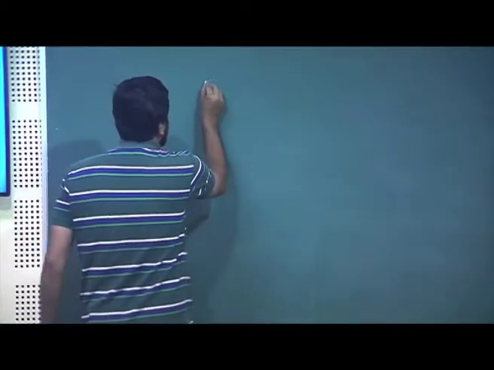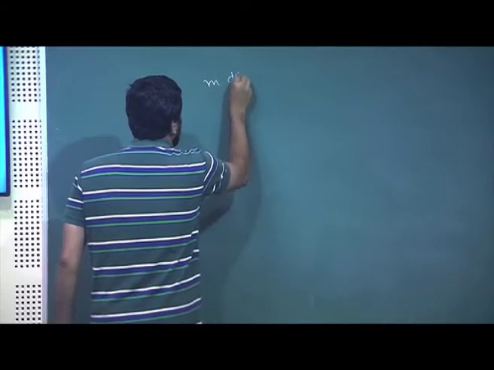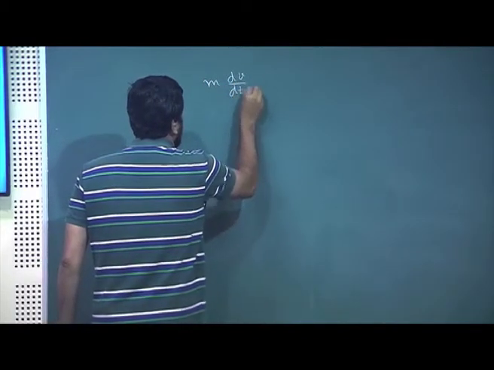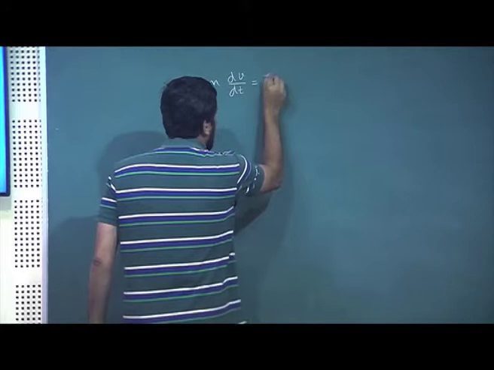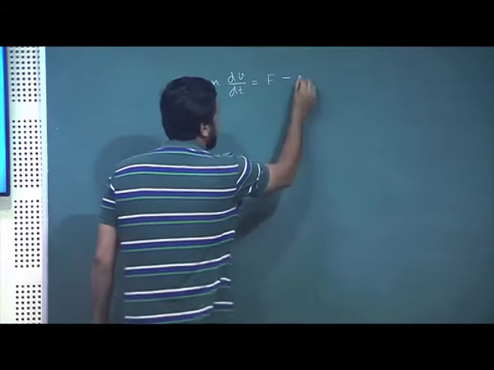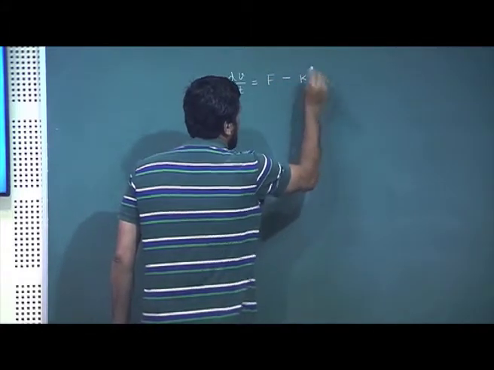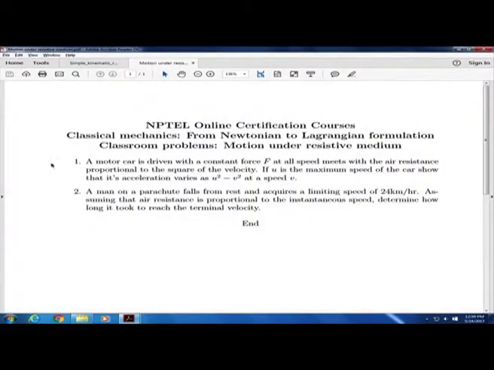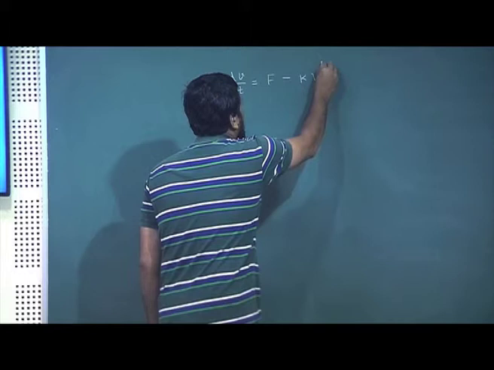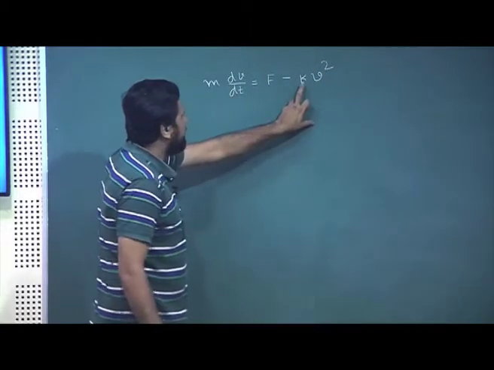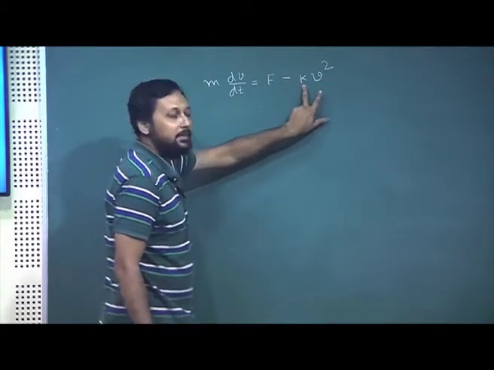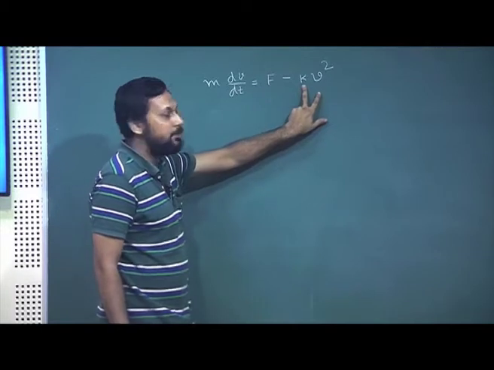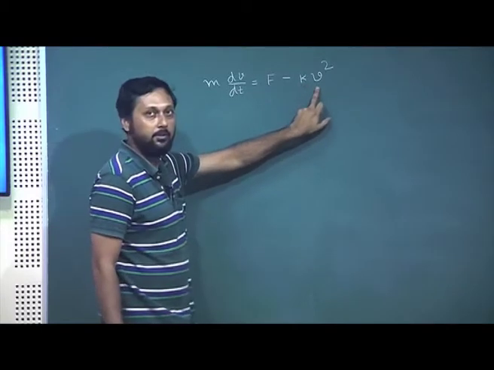Here the force with which the car is driven is a constant force, and it is given as F. So, if we write the equation of motion, it will be m dv/dt equal to F minus k v square, because k is the proportionality constant, as it is given that the resistive force is proportional to the square of the velocity.